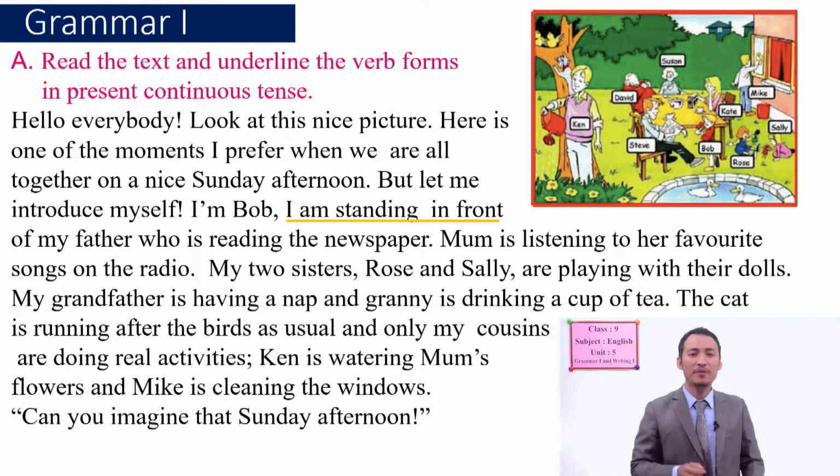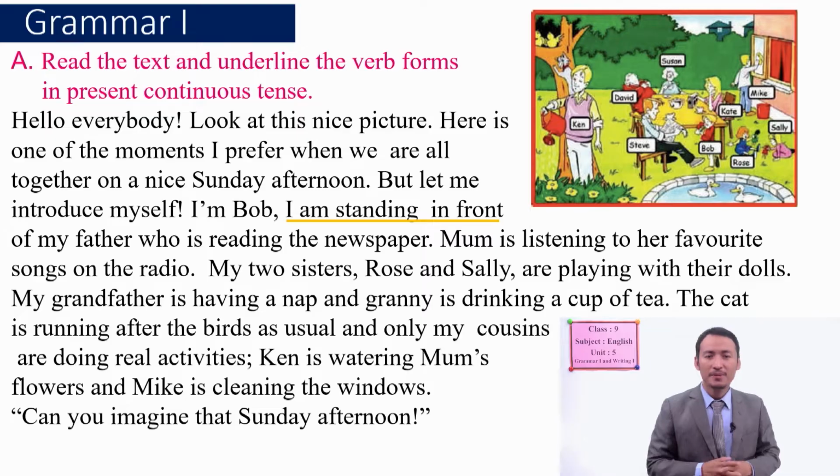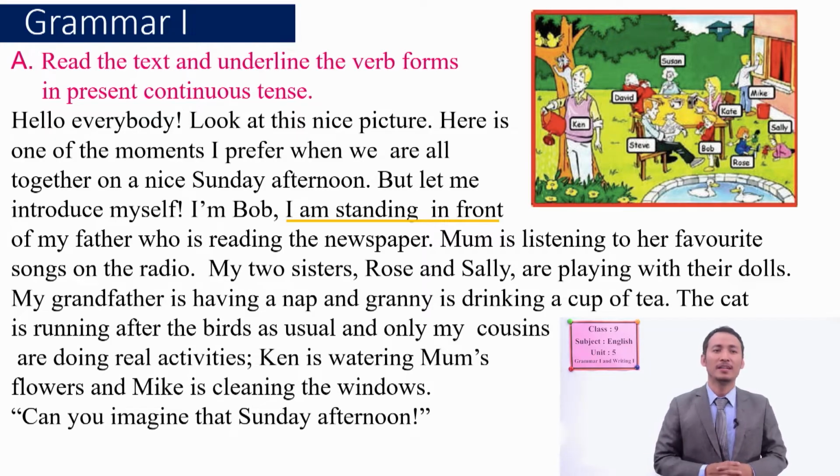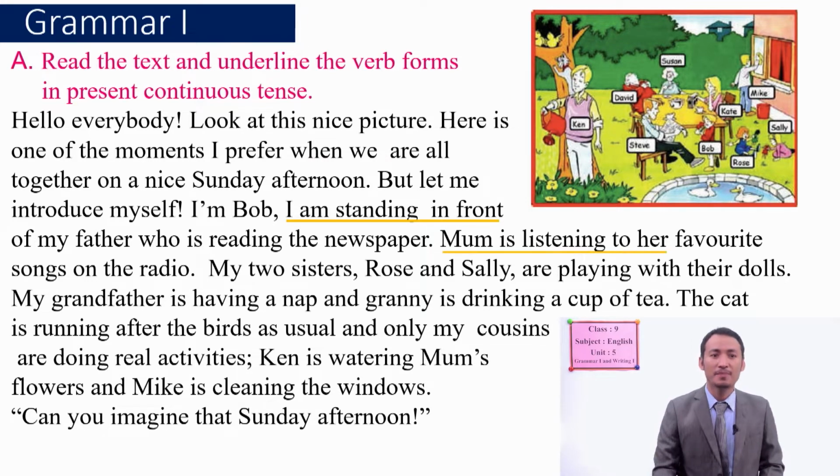Okay students, so I guess you have got the idea about the rest of the sentences here which have the similar present continuous form. Can you tell me which are those? Yes, you are right. The next one is, mom is listening. Here is also another sentence, father who is reading the newspaper, which comes in the previous sentence.